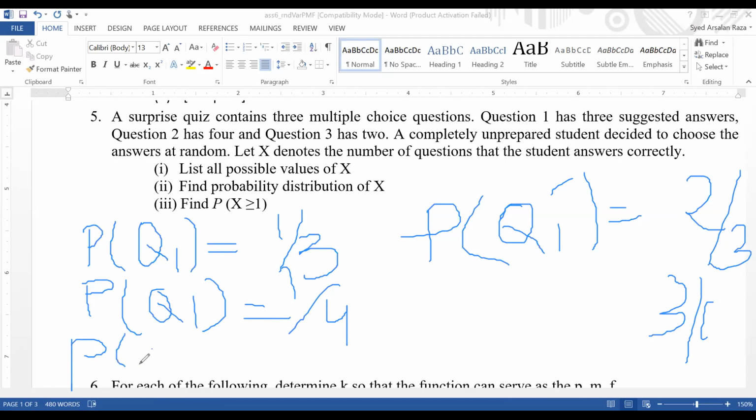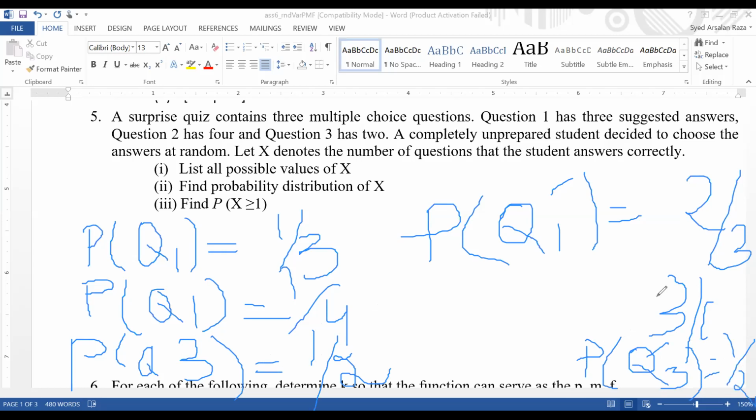The probability of solving question number 3 correctly is 1 by 2, sorry, because it has only 2 options, true and false. And the probability of solving question number 3 incorrectly is again 1 by 2.